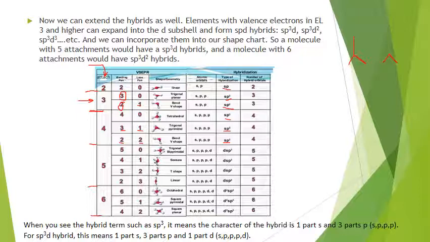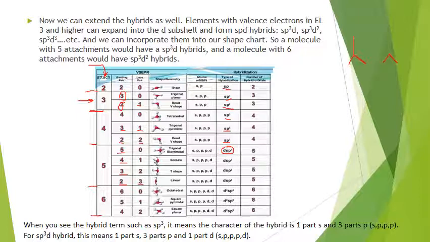Okay, now it turns out we can have more, and we'll go into this in a while. Let's say you have five attachments to a center atom. Well, you can have five bonds, no lone pairs, four bonds and one lone pair, three bonds and two lone pairs, two bonds and three lone pairs, and they all have what we call an sp3d hybrid.